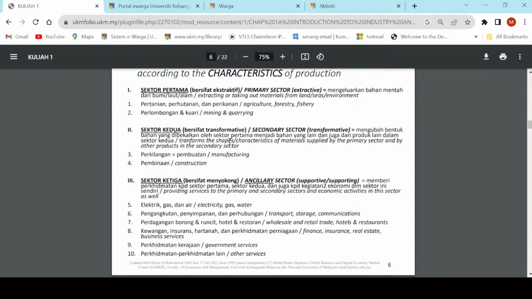Secondary here doesn't mean not important. Some students think this is primary, very important, number one, and this is secondary, number two, not important. No. It doesn't have that meaning of important or not important. It means only this is the first one coming from here, primary, and secondary, the second.